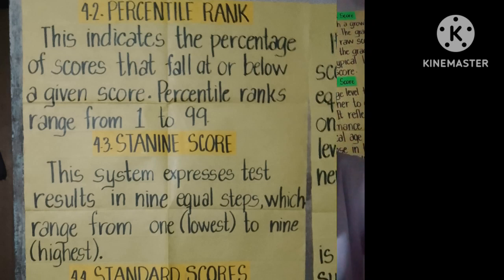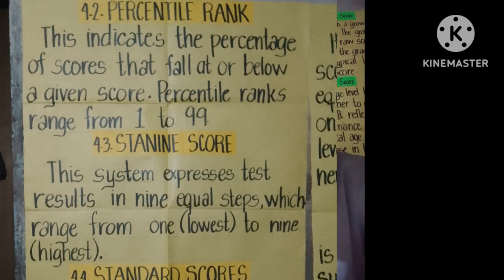So the next type of norm reference grading system is the Stanine score. This system expresses test results in 9 equal steps, which range from 1 to 9.